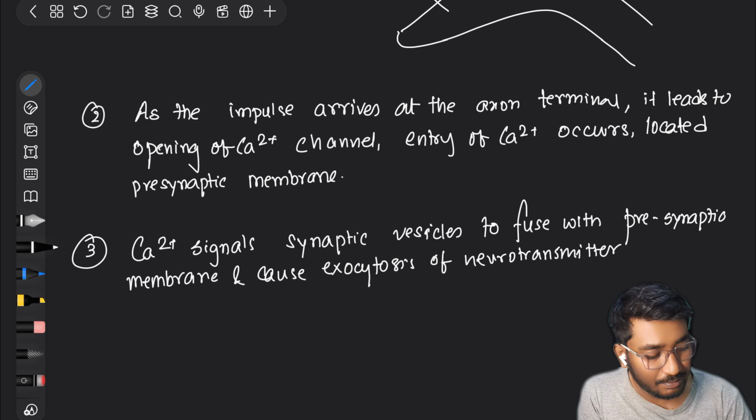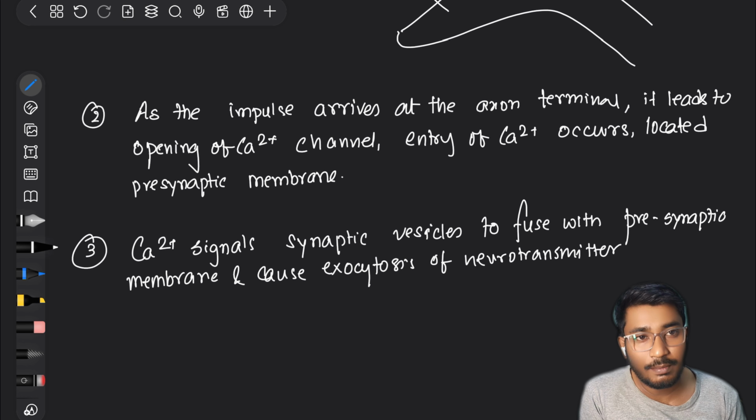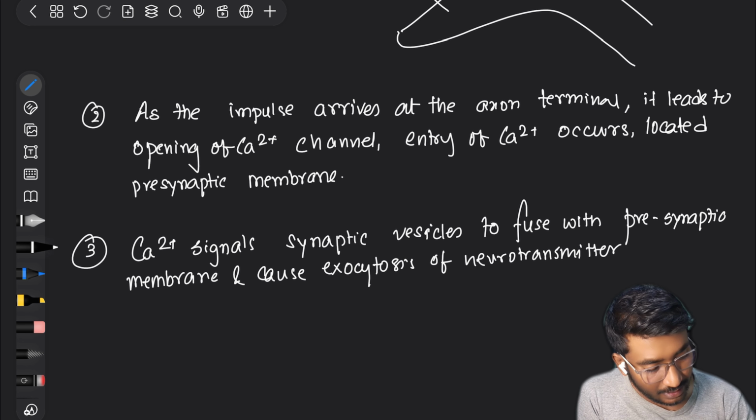What are examples of neurotransmitters? Common examples are dopamine and acetylcholine. The exocytosis of the neurotransmitter occurs in the synaptic cleft.